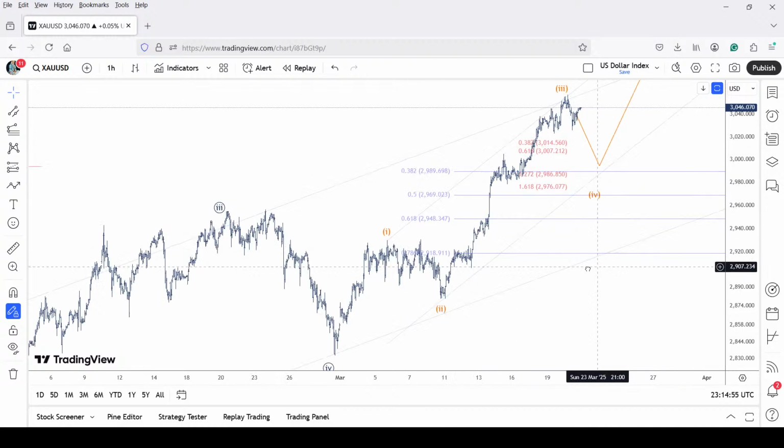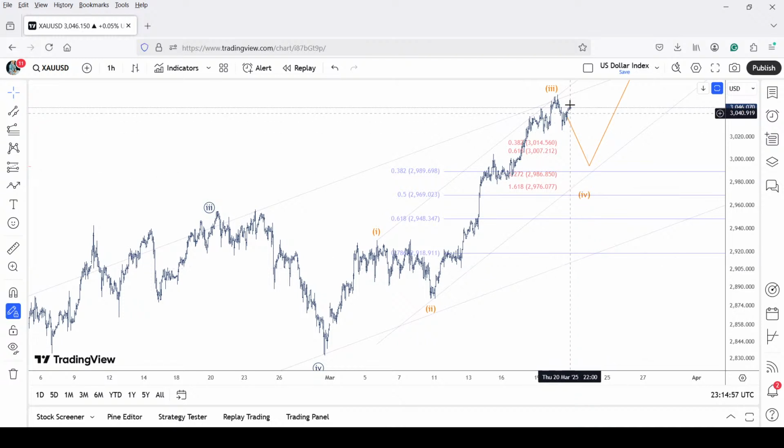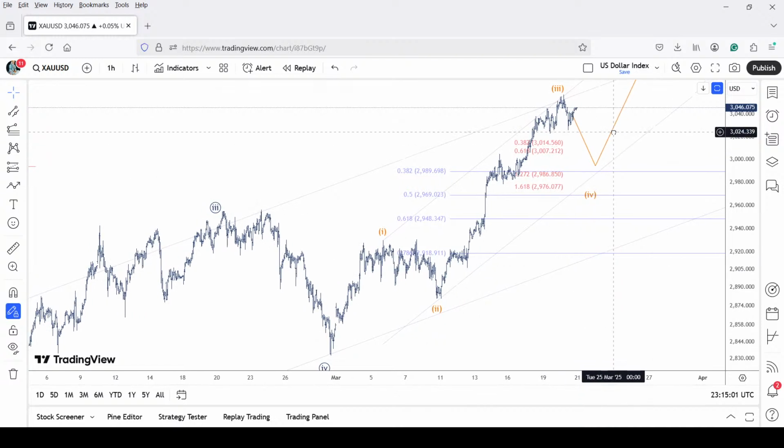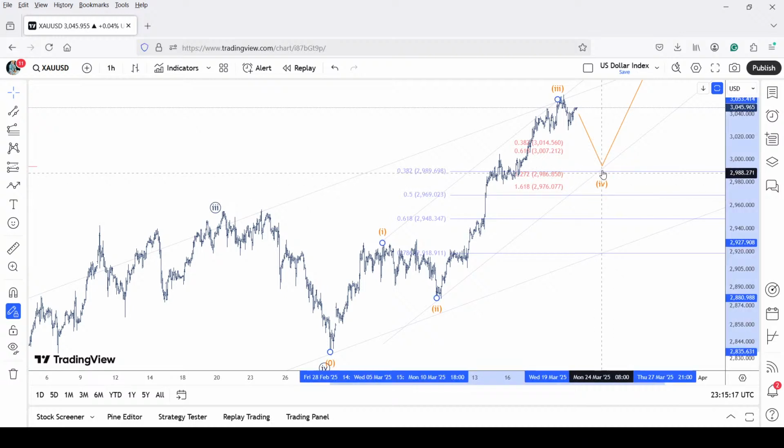Now we should be progressing within the minute wave 4 somewhere in the vicinity of 2990. So we've got wave A of the subminute degree, wave B of the subminute degree, and possibly now we are looking towards wave C of the subminute degree to complete and terminate wave 4 of minute.